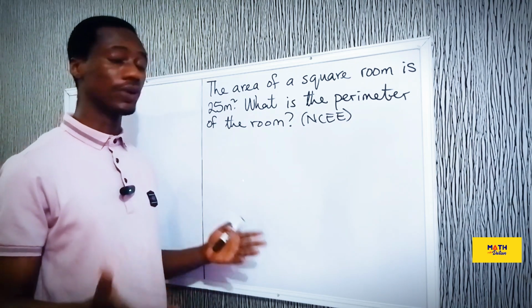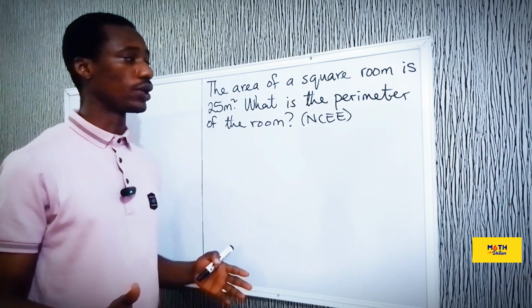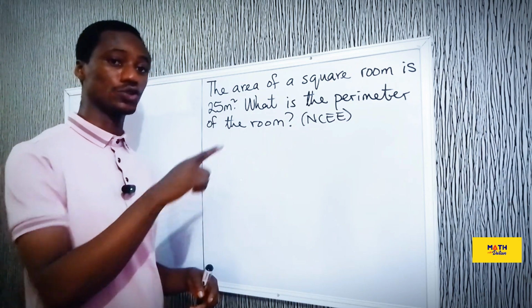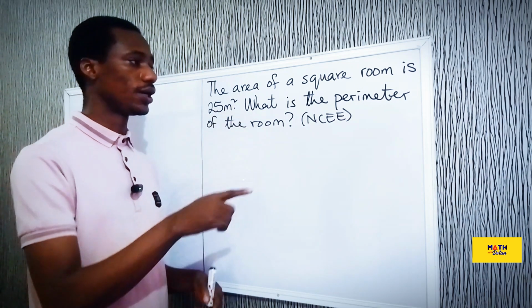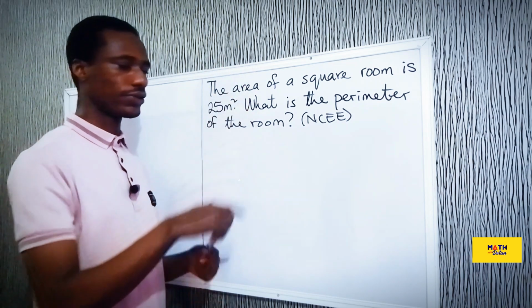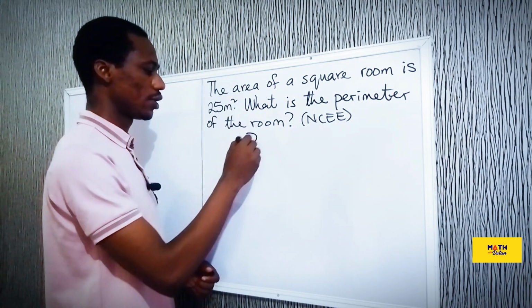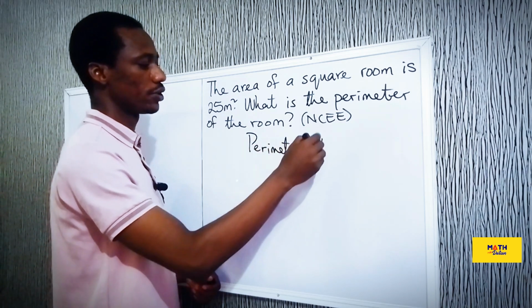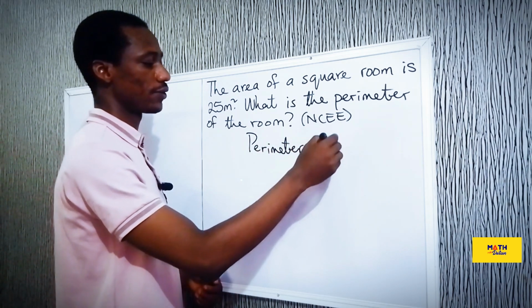For us to calculate the perimeter of the room, we have to add all the lengths. Remember, perimeter is the total distance around the shape. Now we have a square, so that means we add all the 4 lengths together to find the perimeter. So the perimeter of this square would be 4 times length of side.